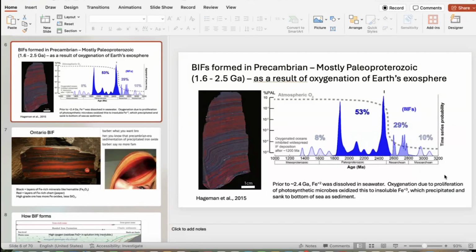So if you recall, there has to be a basin where the conditions are right for forming this, and then it has to be preserved and exposed where it can be mined, right? So these blue curves don't tell you how much formed in a particular time. It's how much of that age formed.